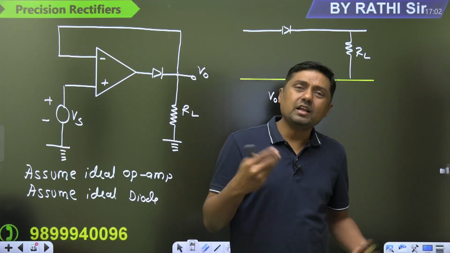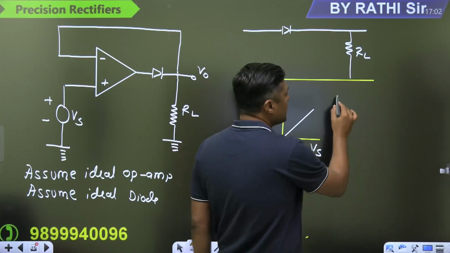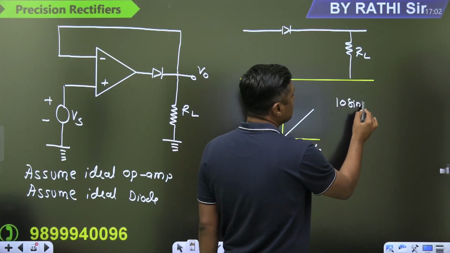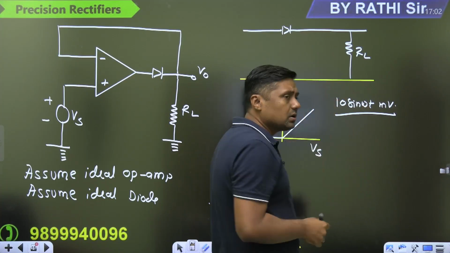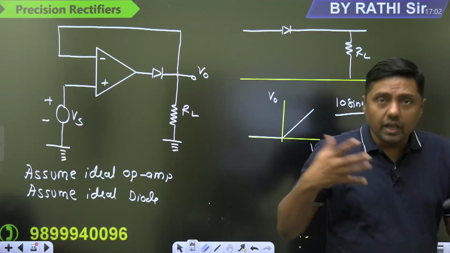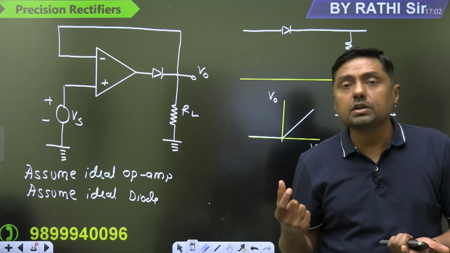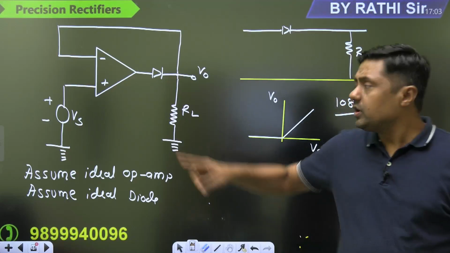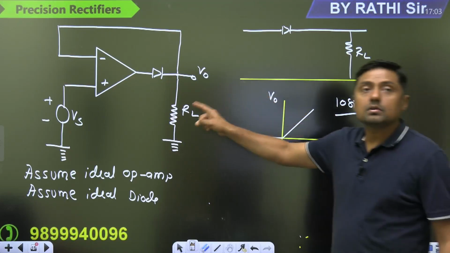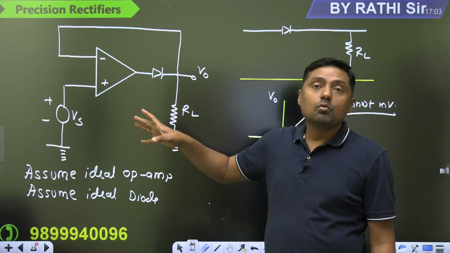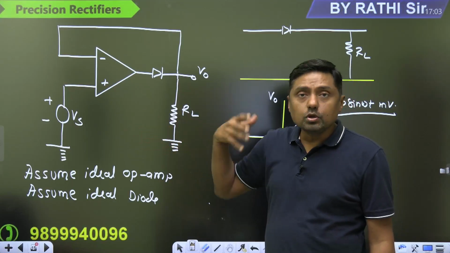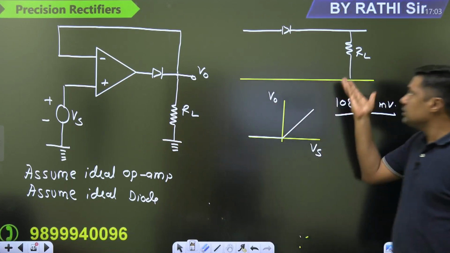And then again we can amplify the signal, 10 sine of omega t in millivolts. So yes, this circuit will work. But my dear friend, we know the drop across the diode is 0.7 volt. So we can't assume ideal here. We can assume the ideal op-amp, but we can't assume the ideal diode. If the diode is ideal, then yes, this circuit will work.